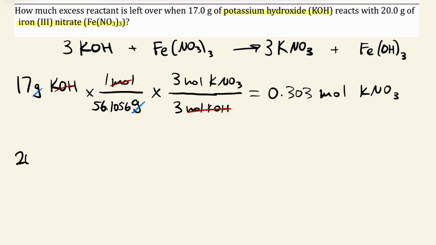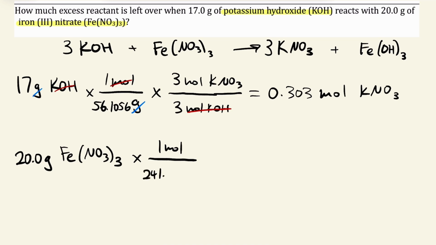So we have 20.0 grams of iron 3 nitrate. And like we did earlier, we're going to convert this into moles first. So we're going to divide by the molar mass, which is 241.86 grams.